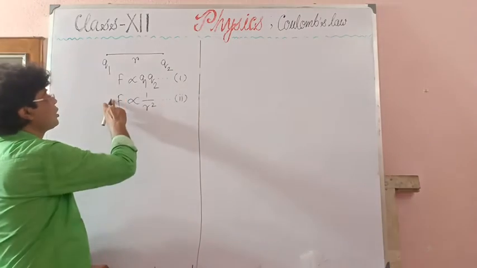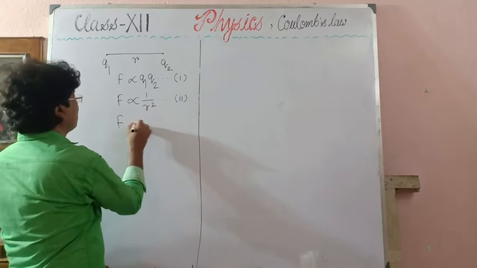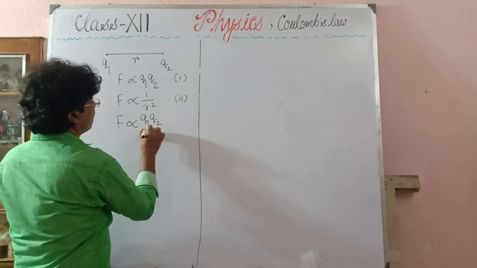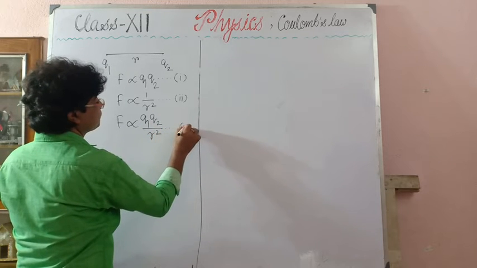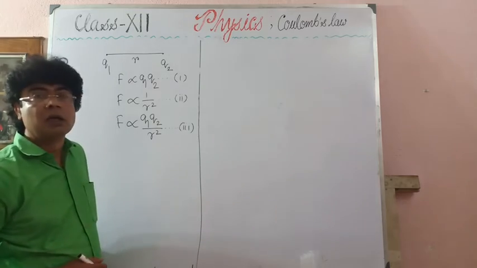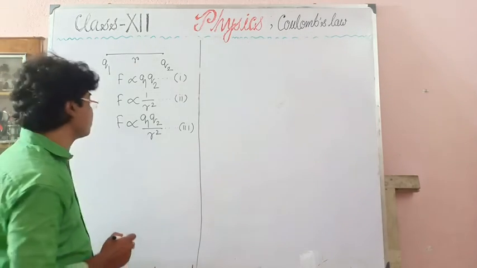Now, combining these two, we can write F varies as Q1 Q2 by r square when Q1, Q2 and r are variables.